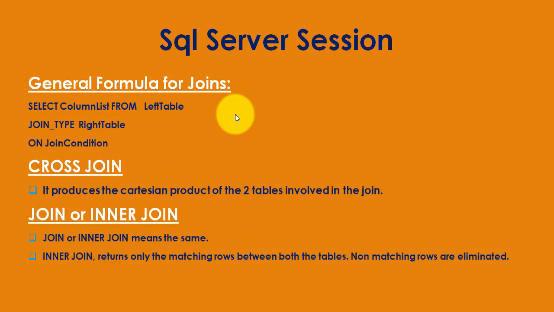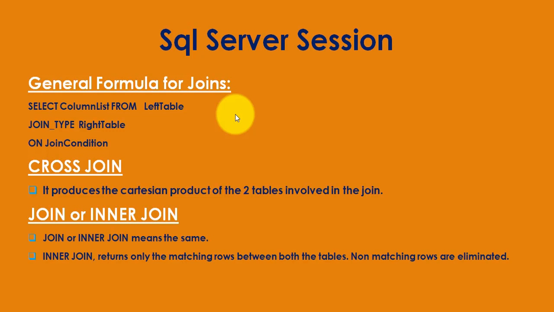So, the general formula for join: select column list from left table, join_type right table on join condition. It is the best way to remember the syntax for implementing the join keyword. Select column list means you can mention the column names from the left table. Left table is table employee.